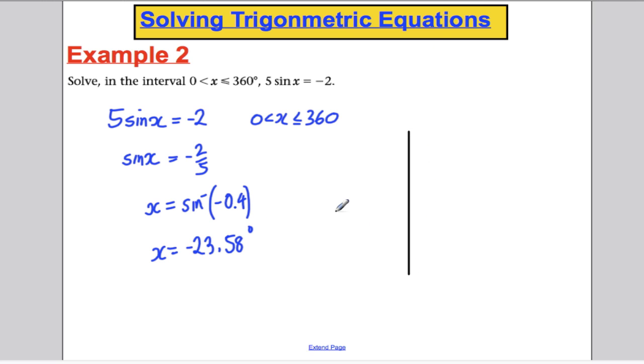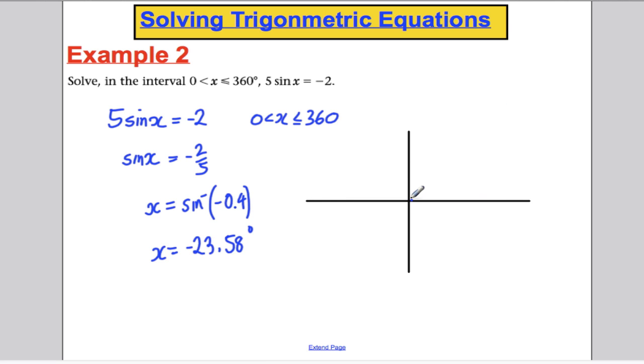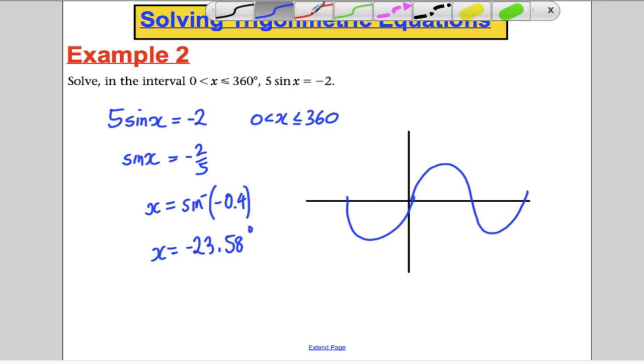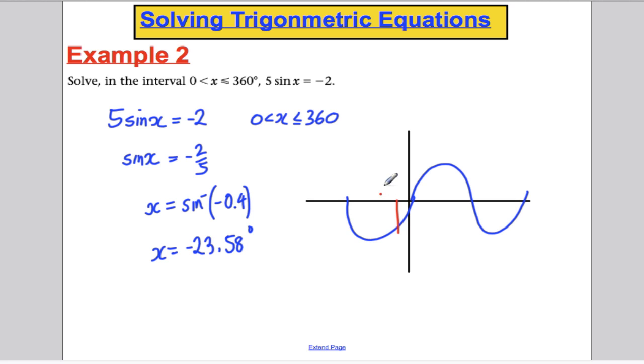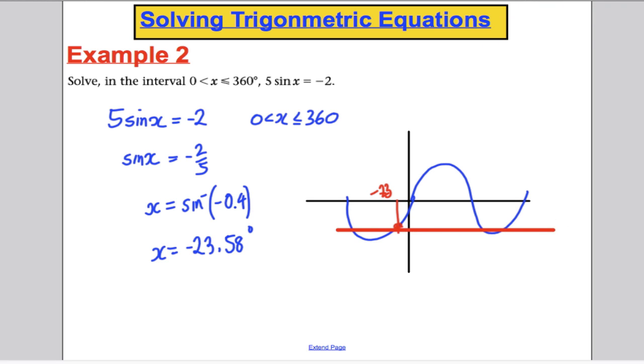Draw your graph out, and your sine between 0 and 360 looks as so. Just extend it back a little bit for the sake of your principal value. It's at minus 23.58 degrees here. Where will you have a similar value to that? Well, you will have a similar value at all these points here.